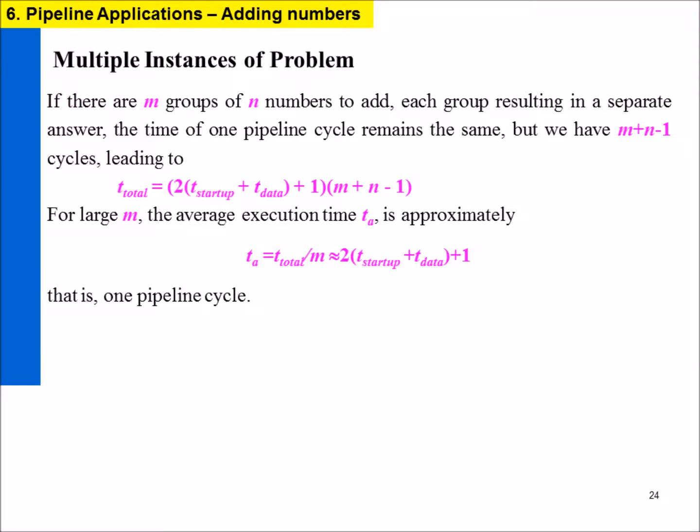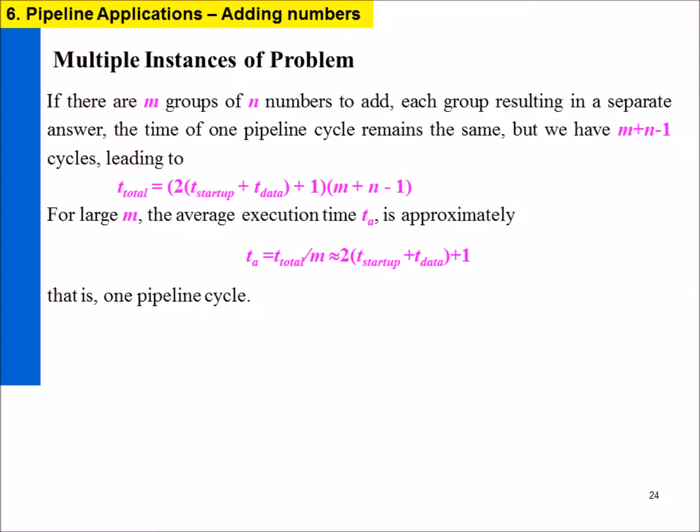Okay, so that was for if you only had one instance of the problem. But really the advantage comes when you have many instances of a problem. If we have m groups of n numbers to add, then each group results in a separate answer. The time of one pipeline cycle remains the same, but now we have m plus n minus 1 cycles, leading to t_total equals (2 times (t_startup plus t_data) plus 1) times (m plus n minus 1).